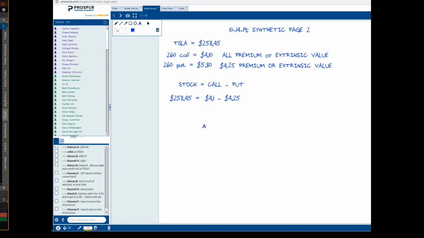If we base this off of the 260 strike, this should be $1.55, right? 260 minus 258.45, which is $1.55 here. Intrinsic value would be $1.55, right? From the 260 strike.